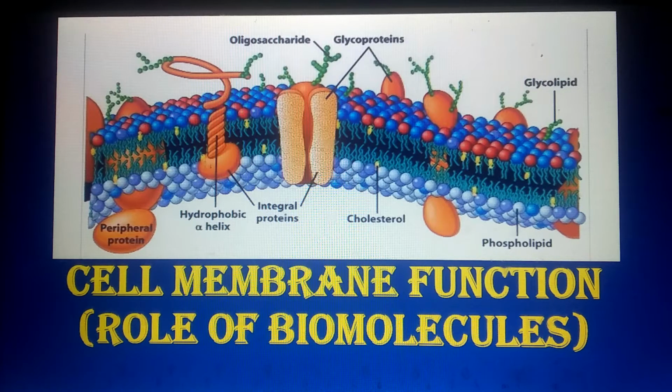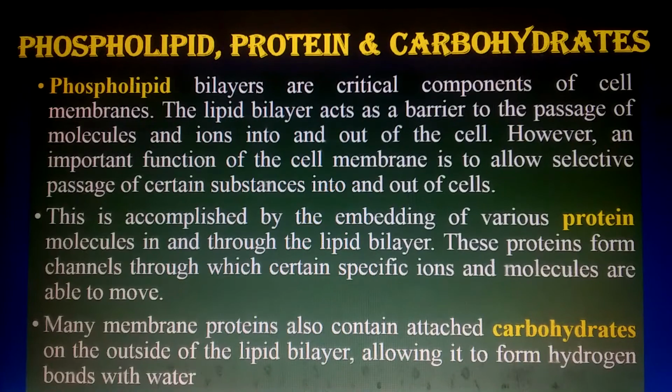Next, I will discuss in this lecture the most important biological molecules, which are conjugated molecules: glycolipids and glycoproteins. Now you can see here in the figure all the biological molecules, like the phospholipid bilayer membrane and many peripheral and integral proteins, cholesterol, and many more. Now I'm going to discuss the role of the biological molecules.